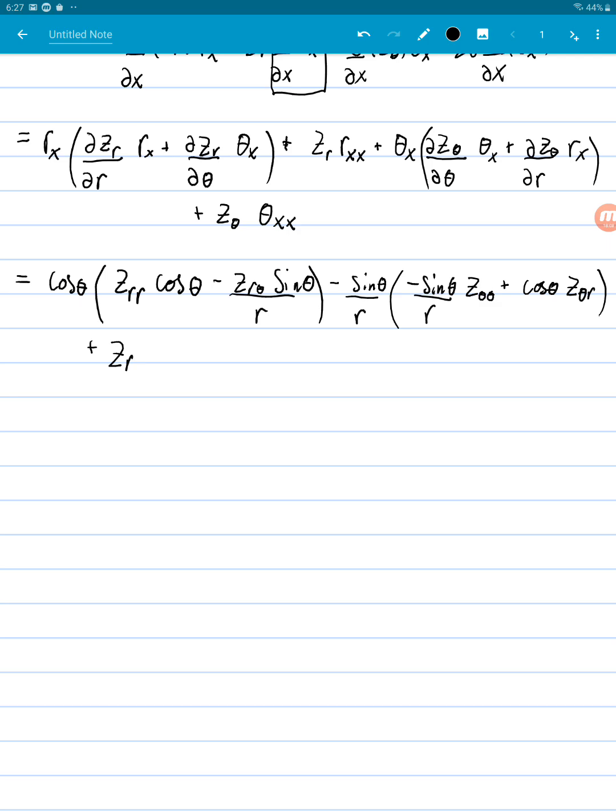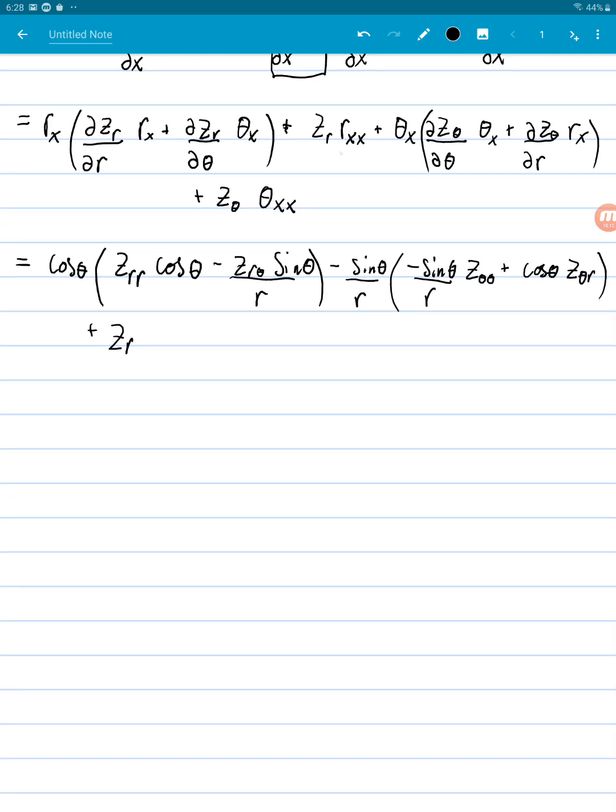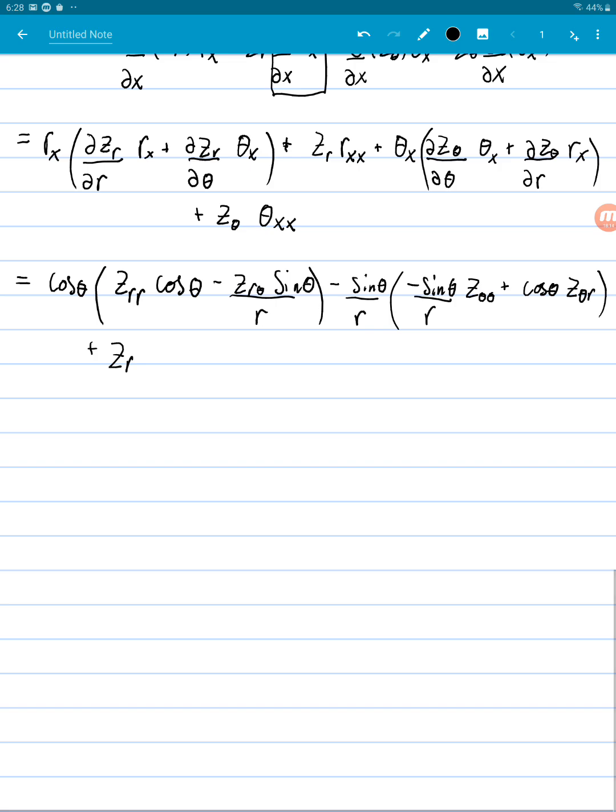Now we'd have the rxx. So this rxx is not going to be necessarily immediately trivial. We'll get to that in a second here. The rxx is going to be, need to pause for a second here.